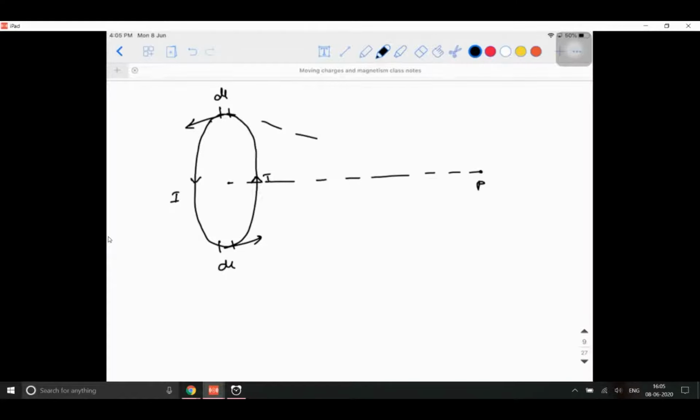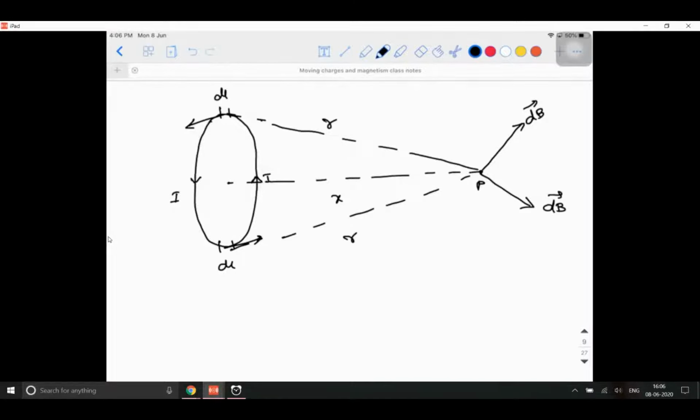So what I'm doing is I'm taking this point to be at a distance r, and this distance is x. And the dB vector is like this. In a similar way, for the bottommost point also, I've taken something like this. This is r. Then the dB vector here is going to be in this direction.